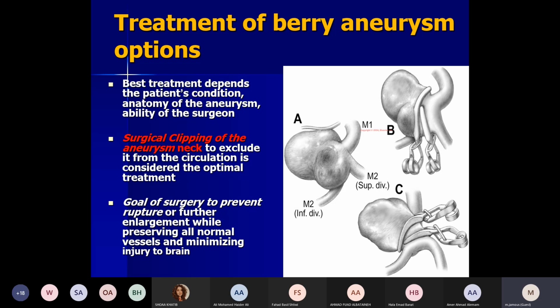We have different shapes of aneurysm, so we can use different sizes and shapes of clips to prevent blood from going to the aneurysm. This is the classical treatment, surgical clipping, associated with a high success rate, and mortality is usually less than 5%.